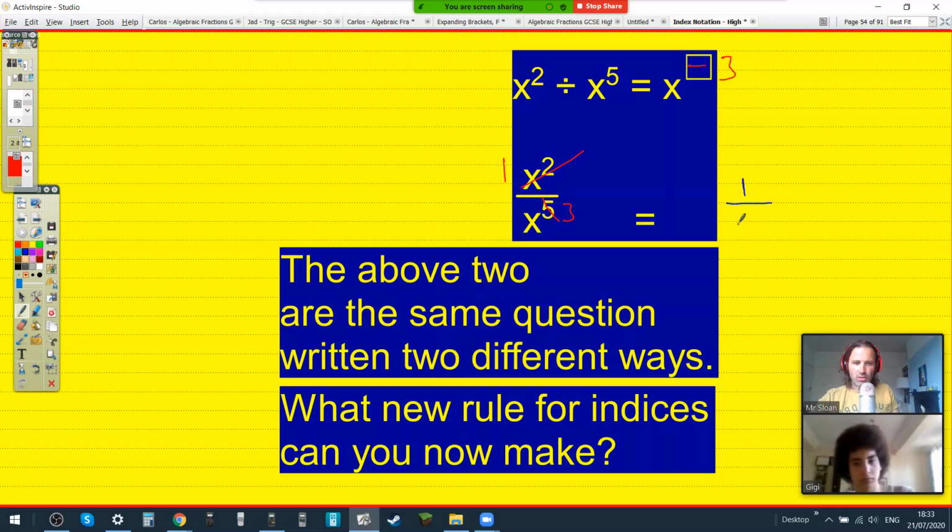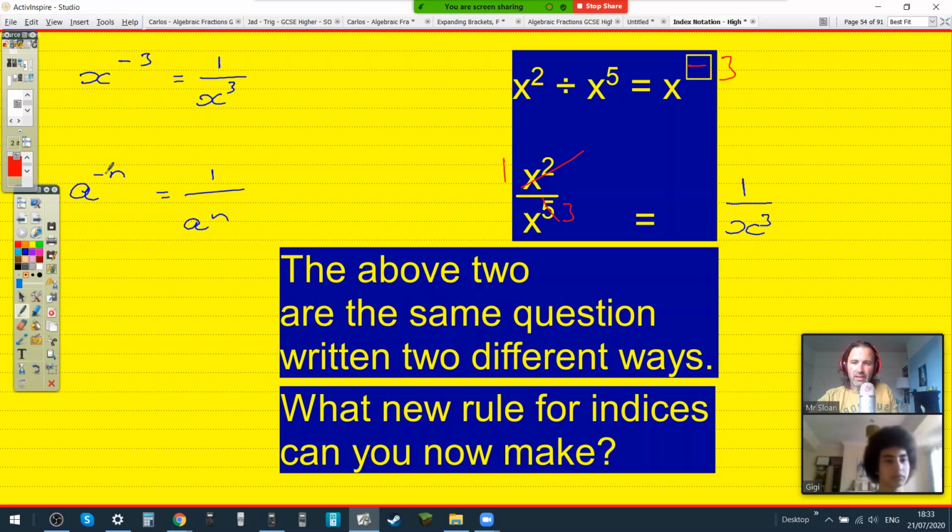And so it would be 1 over x to the positive 3. So what that shows you, the same question written 2 different ways, 2 different answers. The answers must be equal. X to the minus 3 is the same as 1 over x to the positive 3. In general, any number to the minus is the same as 1 over that number to the plus. And so if you have a negative index, you just do the reciprocal and it becomes plus 1 over.